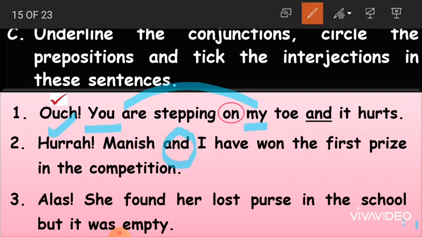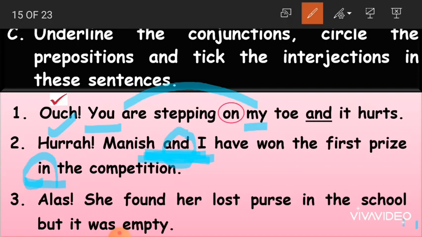They won the prize in the competition. That is why in becomes our preposition. We have to circle this. And becomes our conjunction. We have to underline this. Sorry, I have circled it, children. So, hooray is our interjection, and is our conjunction, in is our preposition.